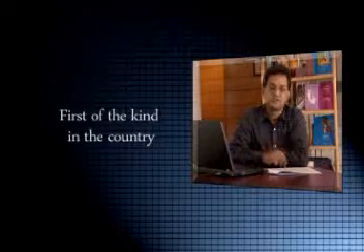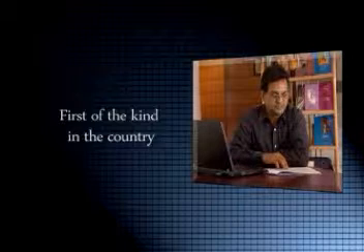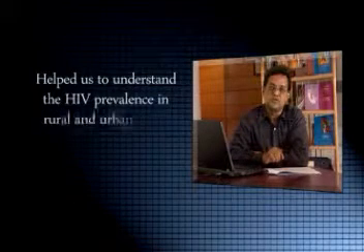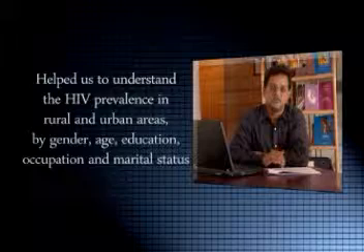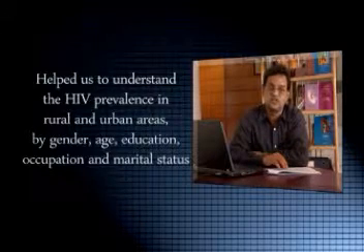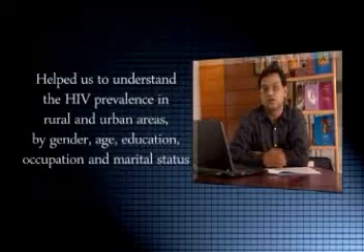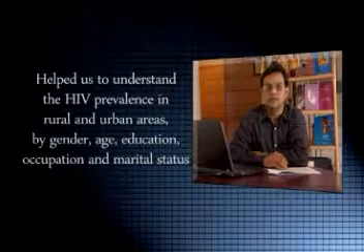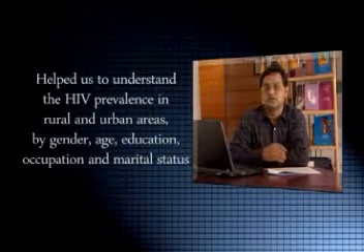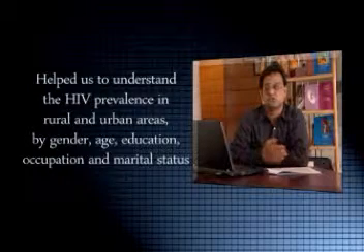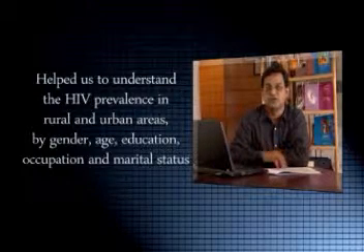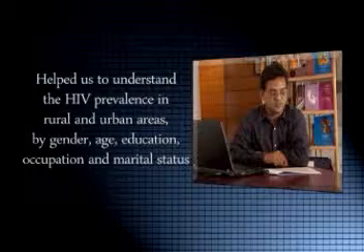So this is a community-based HIV prevalence study. This helped us to understand the prevailing levels of HIV in different population groups, like rural or urban, male, female, and also by age, marital status, education, occupation, and also to some extent caste and tribal groups.